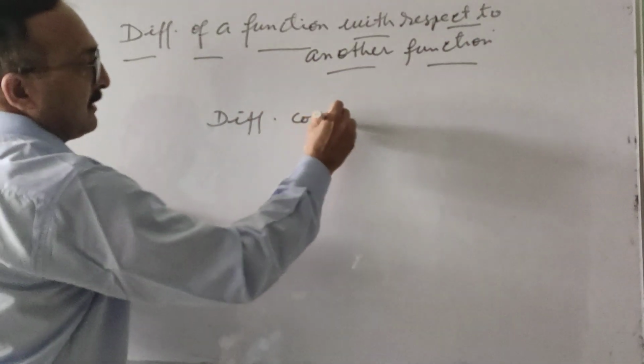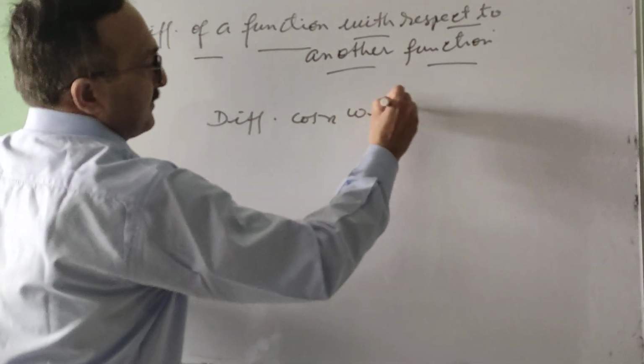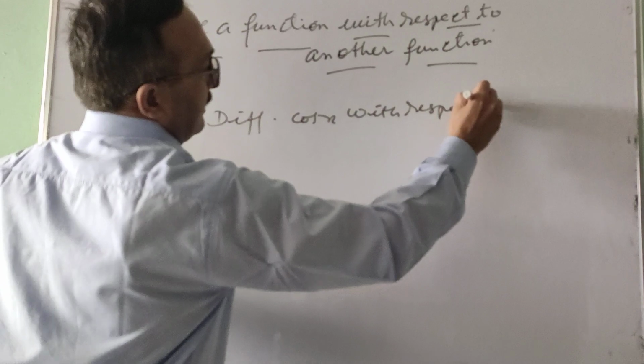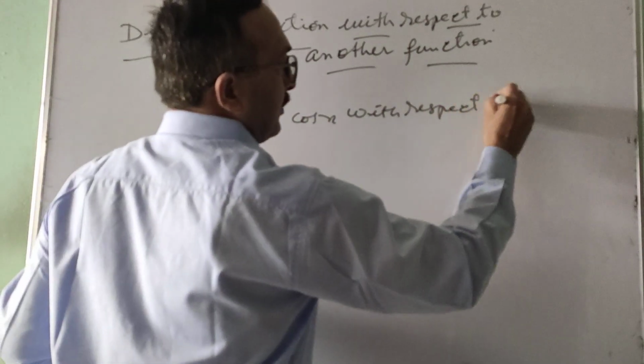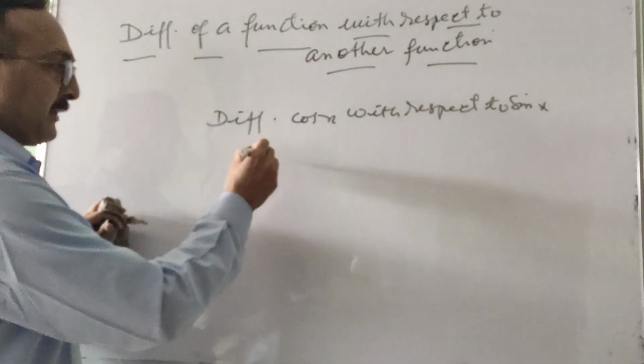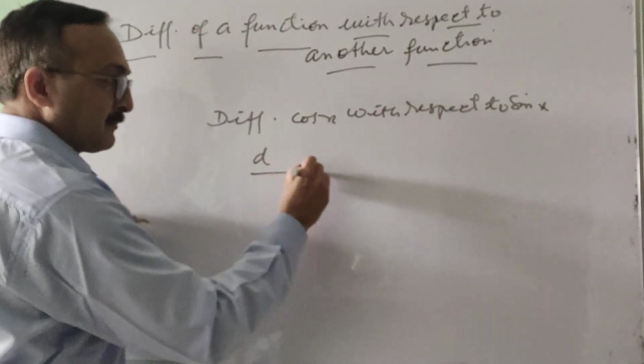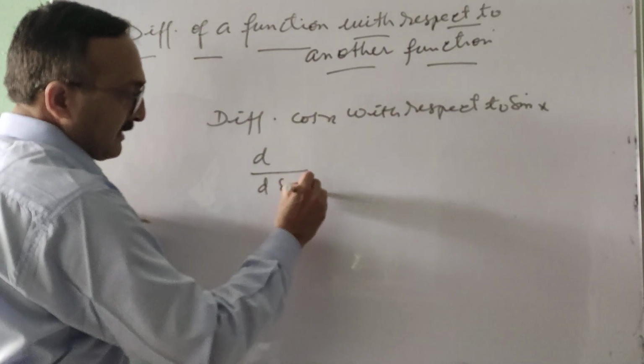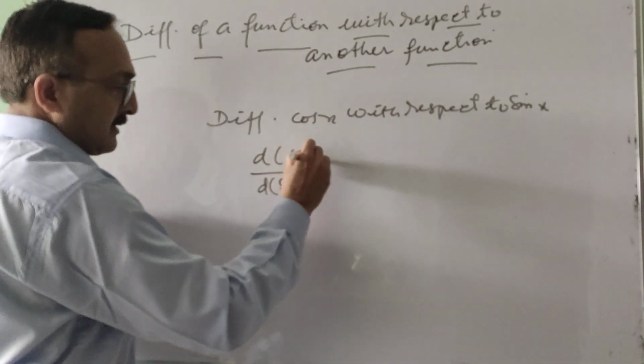Differentiate cos x with respect to sin x. Then how will you write? We write d upon d sin x of cos x.